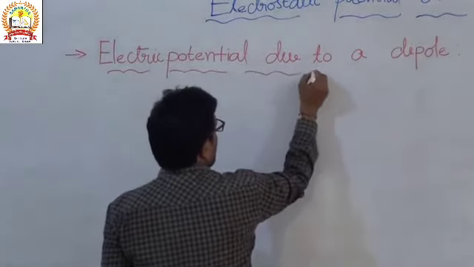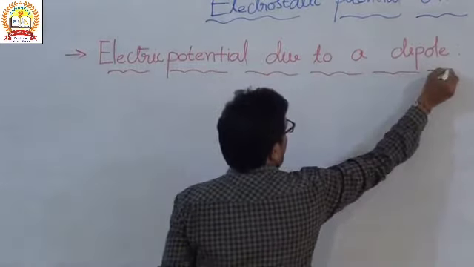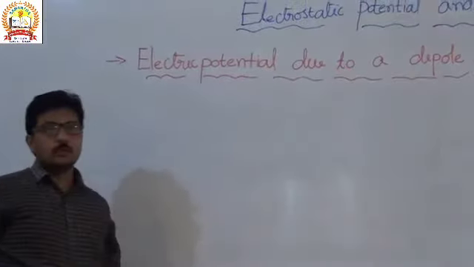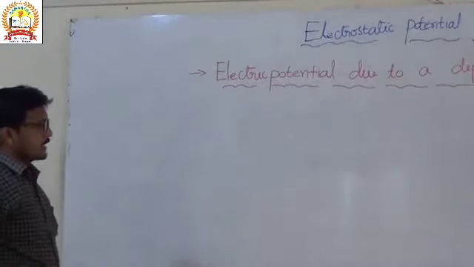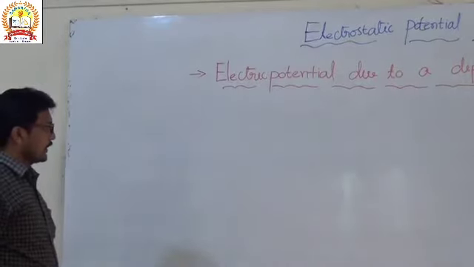As we know, a dipole is two equal and unlike charges separated by a small distance.